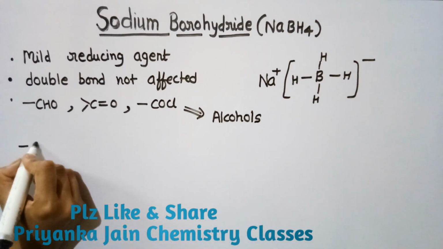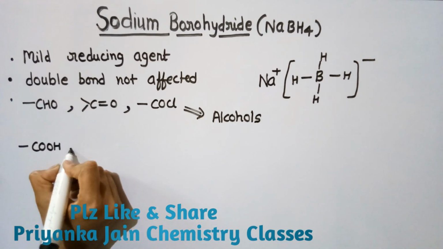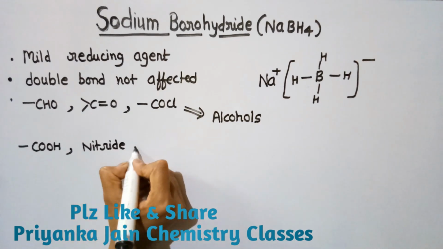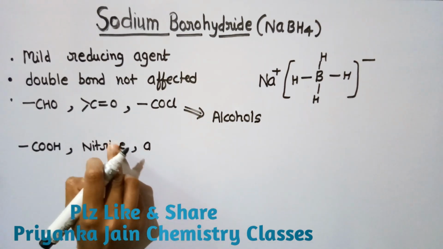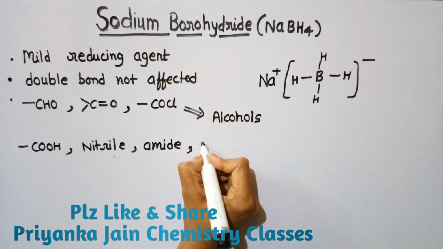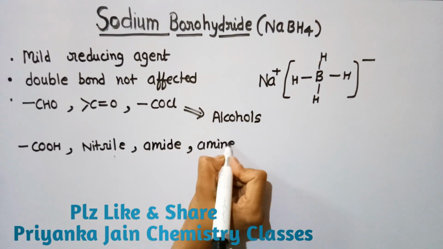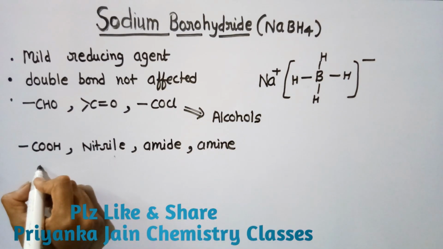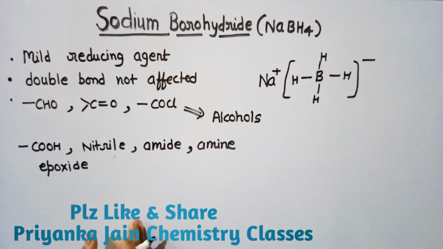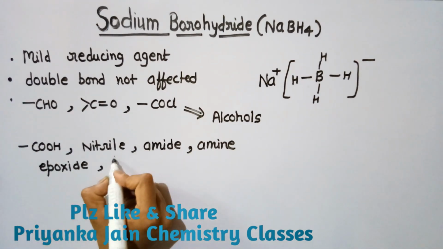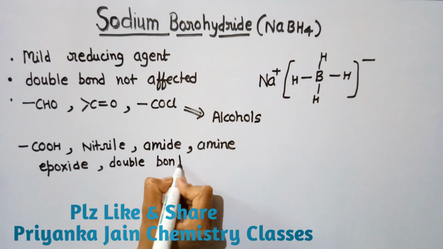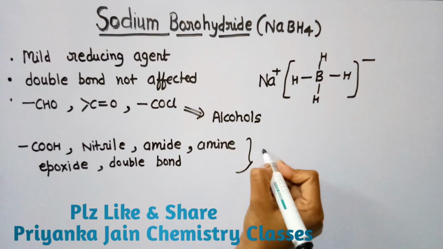It means if there is a COOH group, a carboxylic group, or a nitrile group, or any amide group, or any amine group, such types of groups, or if there is any epoxide present, and even the double bond, these all are not affected by it.